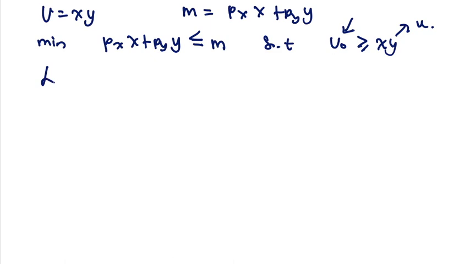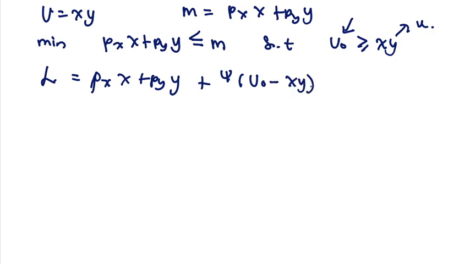This time the Lagrangian function is px times x plus py times y, plus I put the multiplier. In order to be different, I use a different Greek letter, which is c. You can also use other types of Greek letters. And multiply by u naught minus xy.